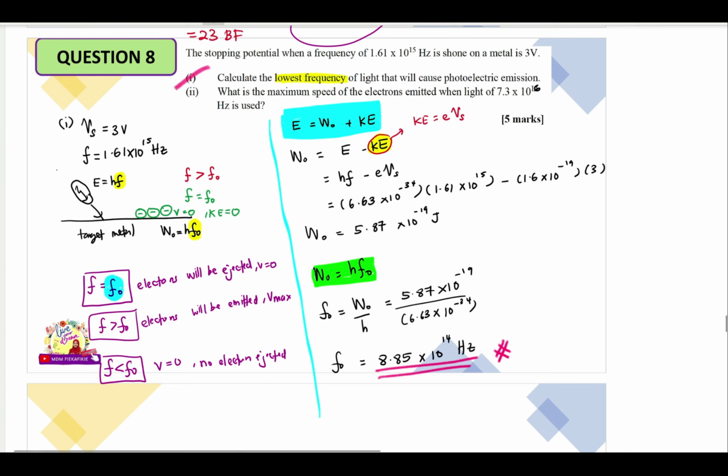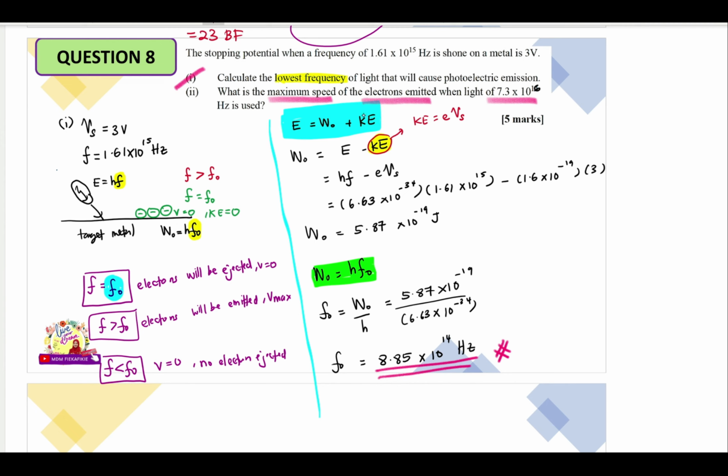Alright, so number 2, what is the maximum speed of the electrons emitted when the light of 7.3 exponent 16 Hertz is used? Dia kata berapa maximum speed of electron yang akan emit tu, yang akan terbang tu, sekiranya the frequency of the light yang kita pakai 7.3 exponent 16 Hertz.